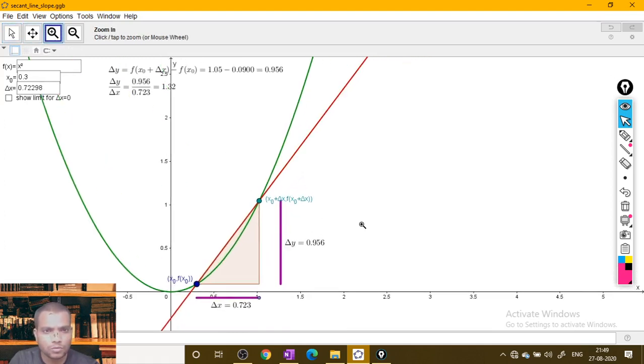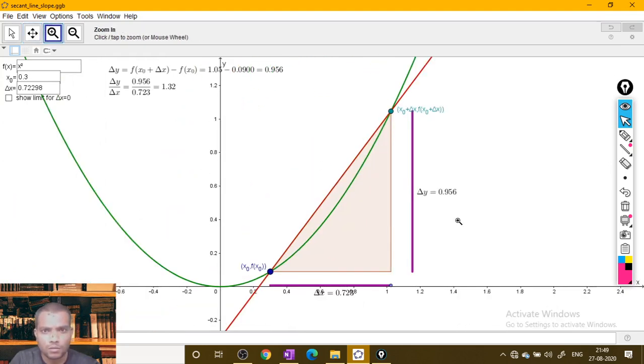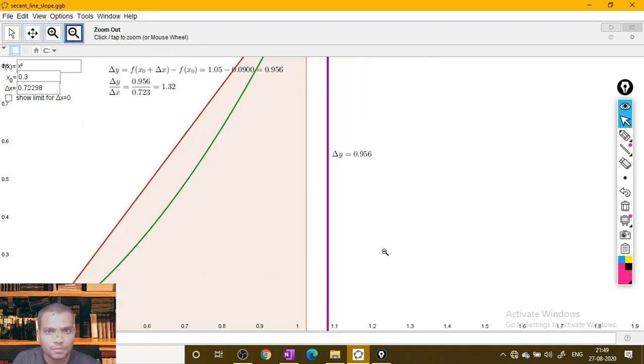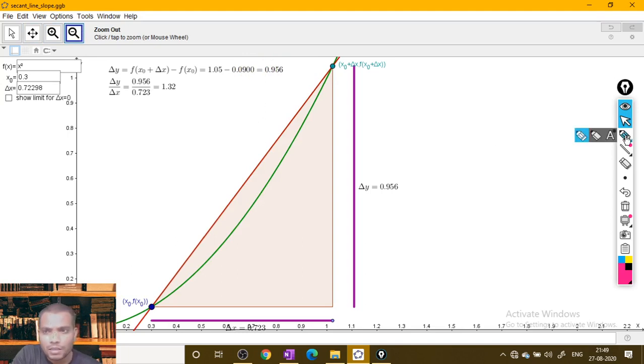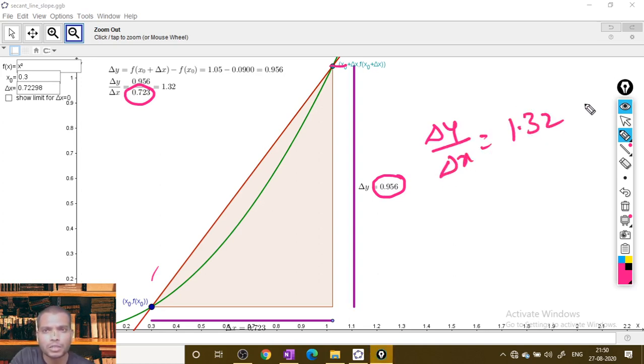If you zoom in on that section, you can see the segment difference: the y difference is 0.956, which is small, and the x difference here is 0.729. If you divide delta y upon delta x, we get a slope of 1.32. So that is the slope of that segment.